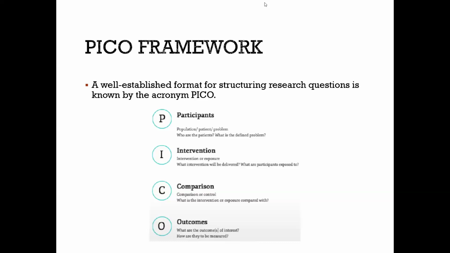What kind of patients? You have to define. Intervention, what is the drug? Comparison, what happened before taking, what happened after taking, whether there was an improvement or not. Outcomes, what are the overall outcomes? Or comparison between the two groups who were taking and who were not taking this drug.